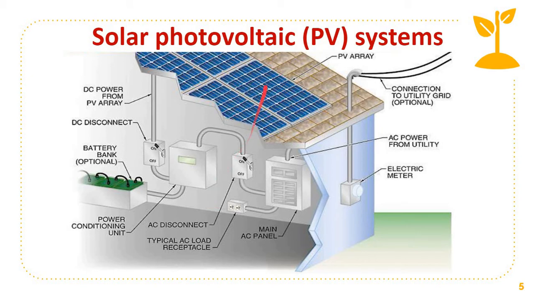You can see that the output of the solar panels, that is DC, goes to an on-off type of switch, and then to a power conditioning unit, and from here it goes to battery banks, and also to another AC on-off system, and there is an AC main panel, and typical AC load sockets, and from here it goes to the electric meter, and then it is connected to the grid.